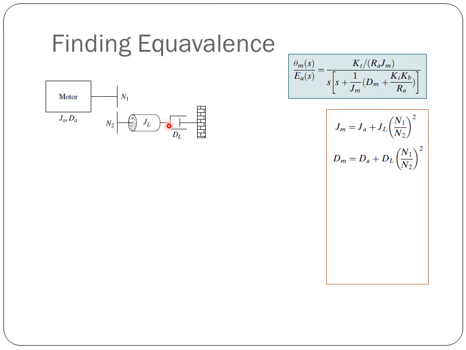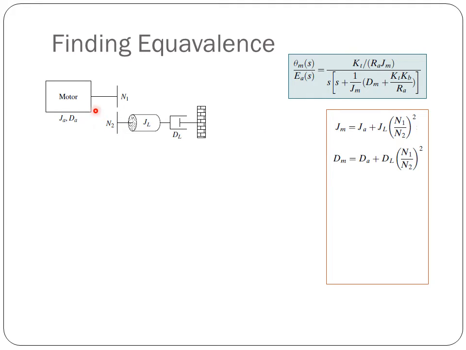So when we were deriving this equation, we just assumed that the equivalent inertia is Jm and the equivalent viscous damper is Dm, right? So now we are going to find this equivalence from these two combinations. We already know how to find the equivalence for a gear based system.